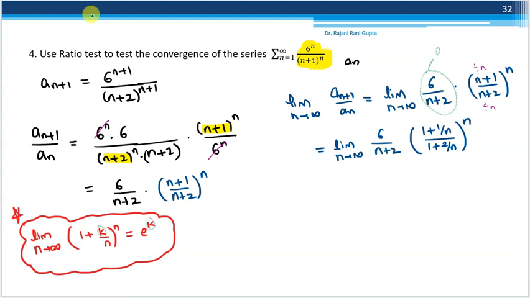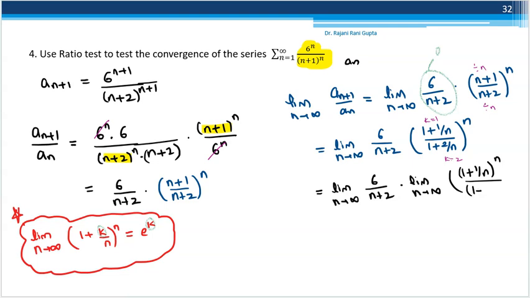So in this case, k is 1 in the numerator and k is 2 in the denominator. So I'm writing it as the limit as n goes to infinity of 6 over n plus 2, times the limit as n goes to infinity of 1 plus 1 over n to the power n over 1 plus 2 over n to the power n.